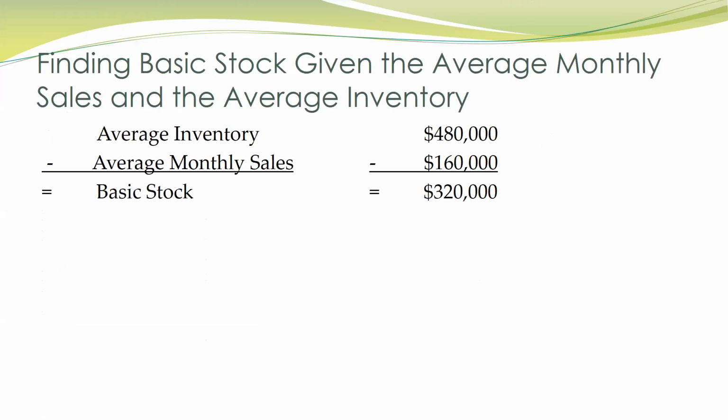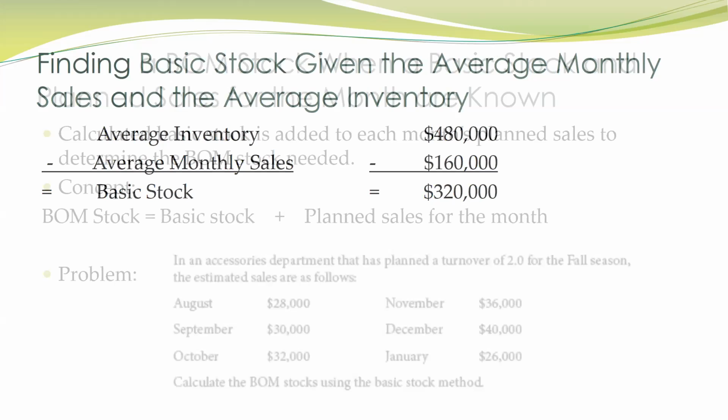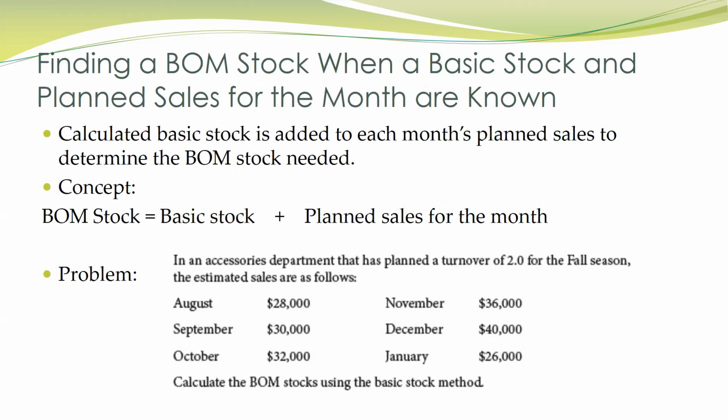So it's the difference between your average stock and average monthly sales that gives you your basic stock. Once you calculate your basic stock, as you're calculating BOM stock for any month, you take basic stock plus the planned sales for that particular month.